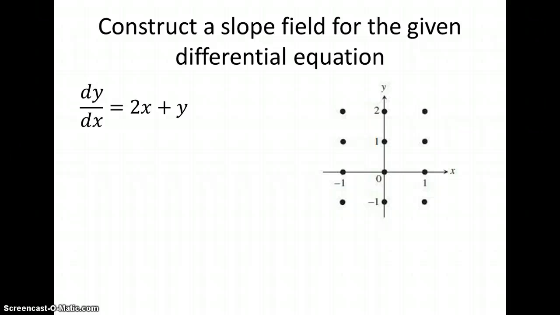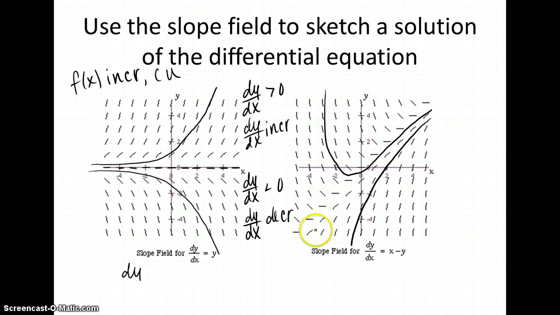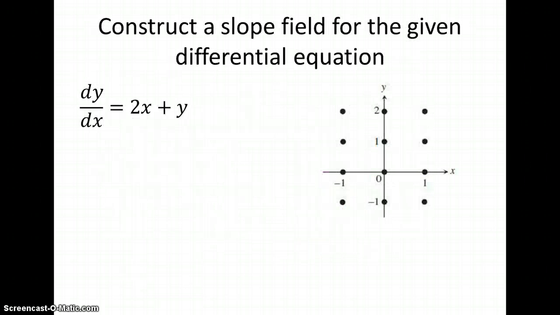Construct a slope field for the given differential equation. Okay, so notice, and you'll be asked to do this more than likely on the AP test. Here we have a coordinate plane, and you have 12 points given here. To construct a slope field, what that is asking is, here's a function, now you draw the little line segments.